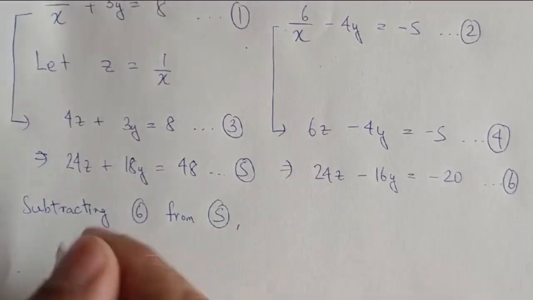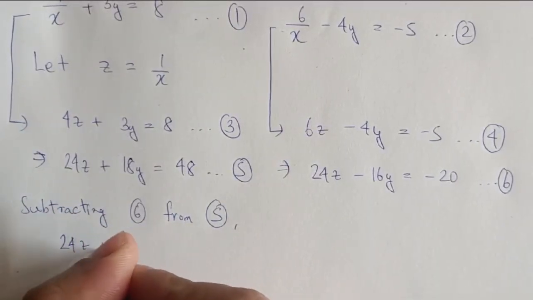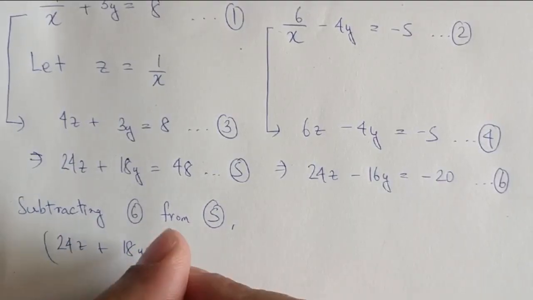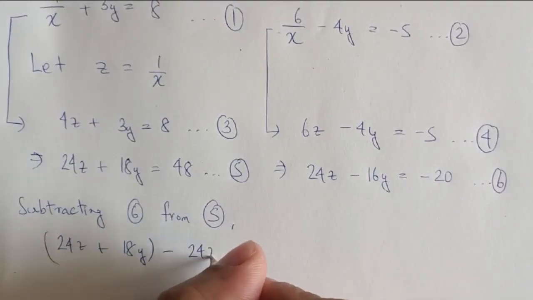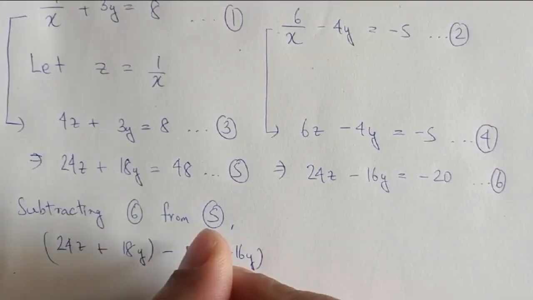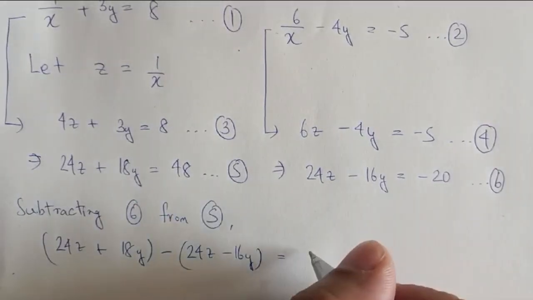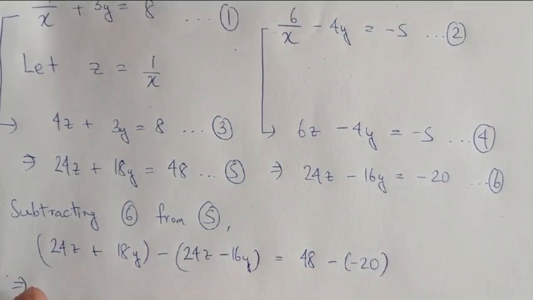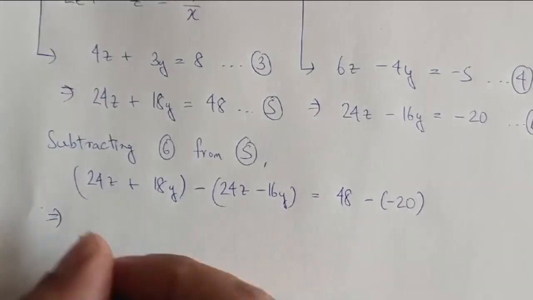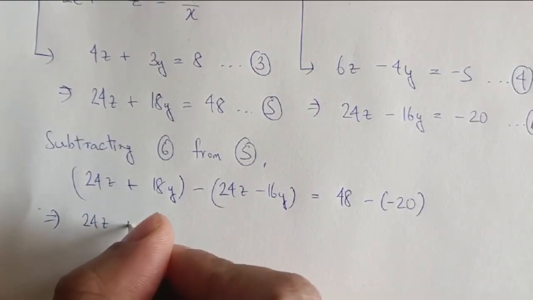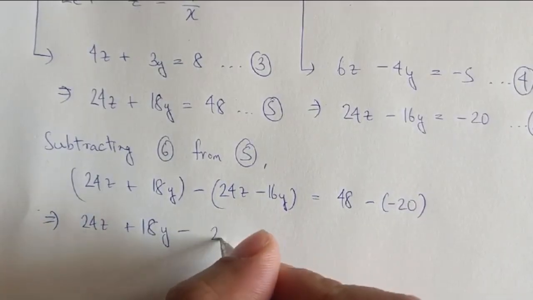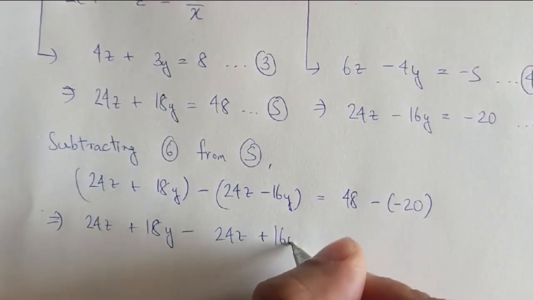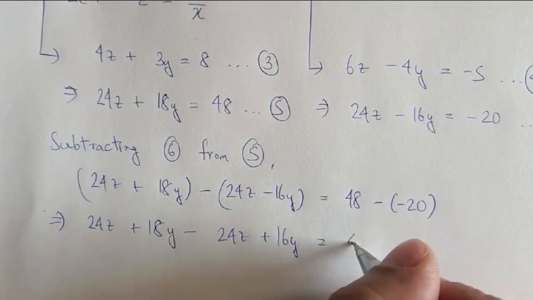So the left hand side becomes 24z plus 18y minus 24z minus 16y is equal to 48 minus 20. This gives us 24z plus 18y minus 24z plus 16y is equal to 48 plus 20.